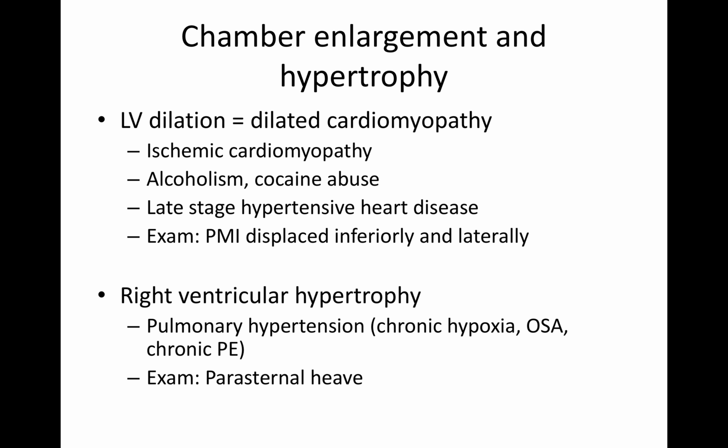This basically means that when you place your hand over the sternum, your palm, you're going to feel an accentuated thump of the heart up against your hand, because the right ventricle is the closest structure to the chest wall. So when that right ventricle becomes hypertrophied, it is pumping right up against that chest wall, and you're going to feel that thump transmitted to your hand as you examine the chest.